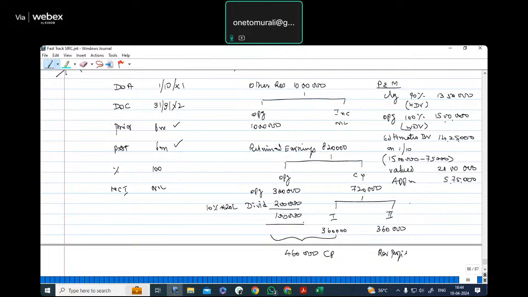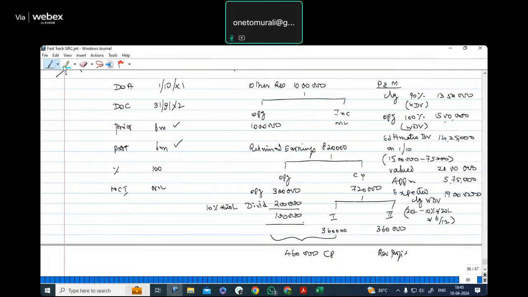So here, expected closing WDV would be 20 lakhs minus 10% on 20 lakhs for 6 months period. So 10% on 20 lakhs is 2 lakhs. Half of that is 1 lakh. It should be 19 lakhs.